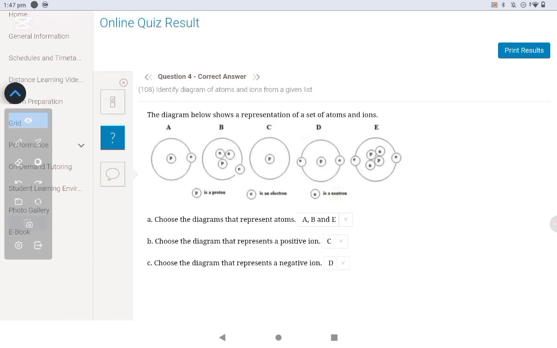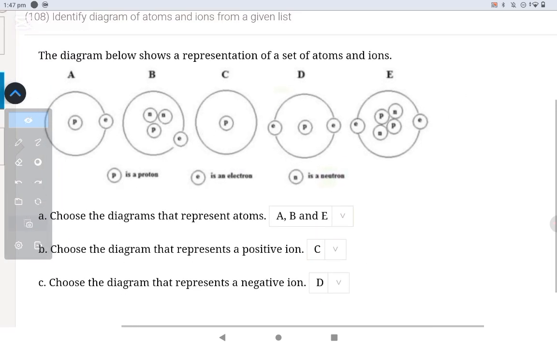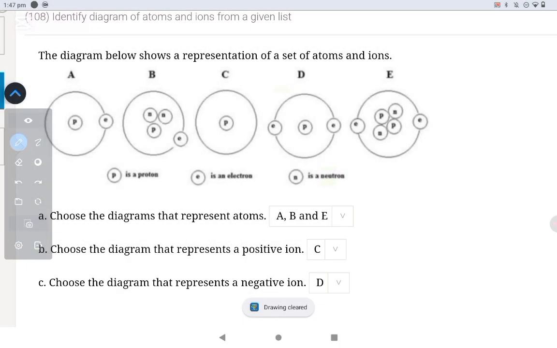Okay, so choose a diagram that represents an atom. Atoms will be balanced. We'll have an equal amount of protons and electrons. In A we have 1 proton and 1 electron, okay? And B we have 1 electron, 1 proton. C is only 1 proton, we do not have an electron. D we have a proton but 2 electrons. And E we have 2 electrons and 2 protons.